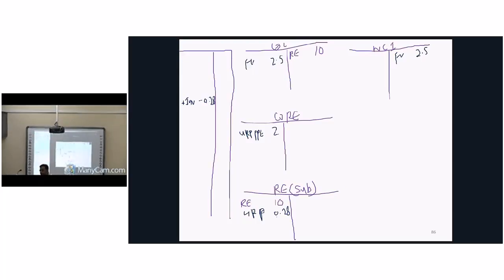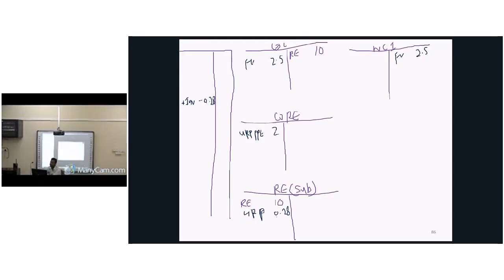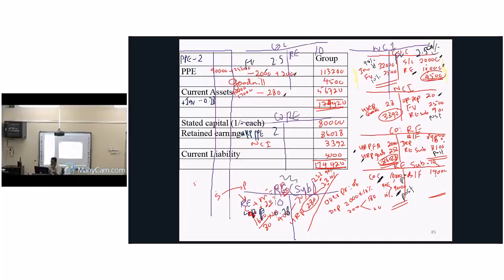Unrealized profit on PPE, seller's retained earnings means parent's retained earnings debit and credit to property, plant and equipment. Credit means minus, I put it as subtract.